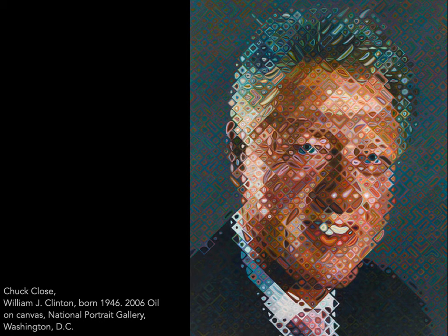So talking about how prolific he is, how famous he is, here we have Chuck Close, William J. Clinton, born 1946. This was done in 2006. It's oil on canvas and is in the National Portrait Gallery in Washington, D.C. For those of you who don't know, every president has their presidential portrait painted, and it hangs in the National Portrait Gallery in Washington, D.C. And they often choose one of the most famous artists of their time to paint their portrait, and Chuck Close was selected by President Clinton to paint his.